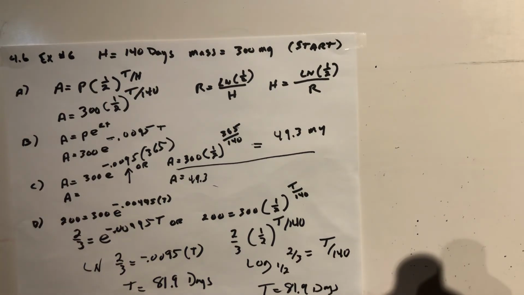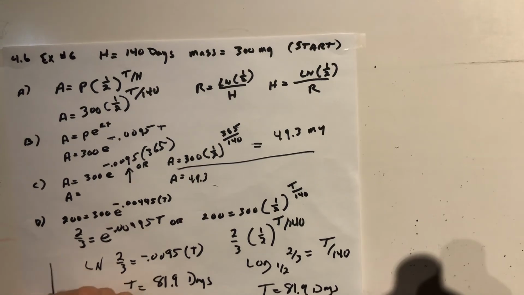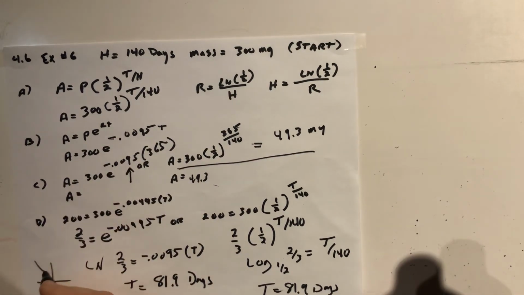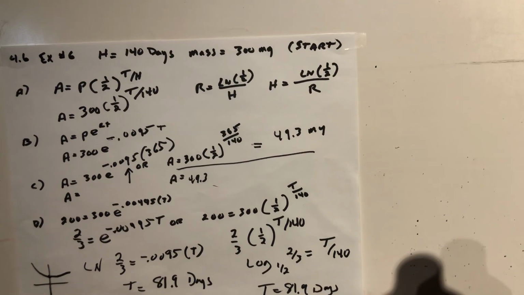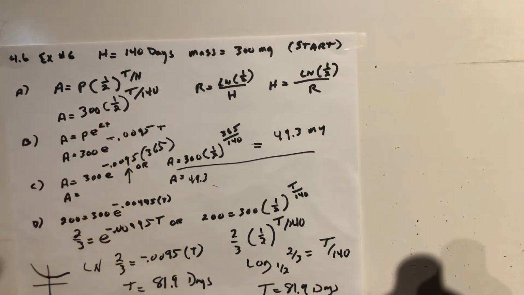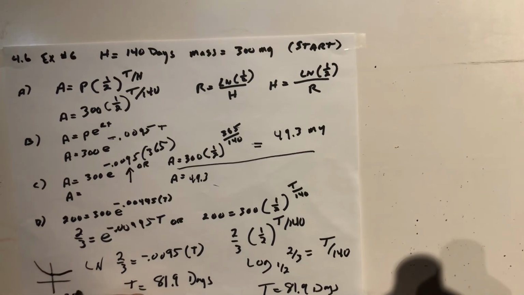And there was one more part. They want you to graph it. Anytime it's decay or half-life, it's not going to be growing. It's going to be decaying. And what's our y-intercept? Normally it's 1, except we've got a number in front. So this time the y-intercept is 300 right there.